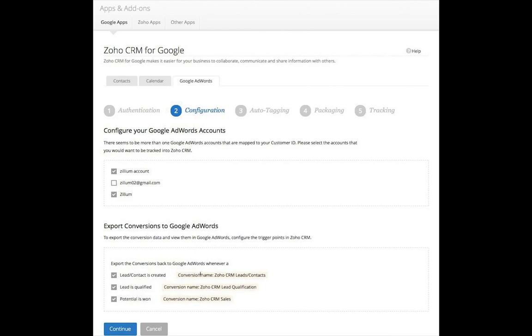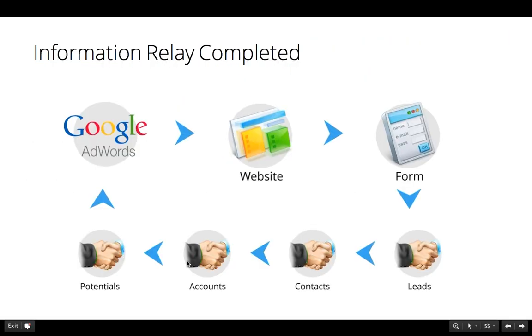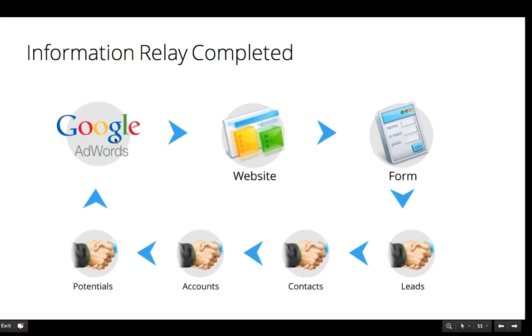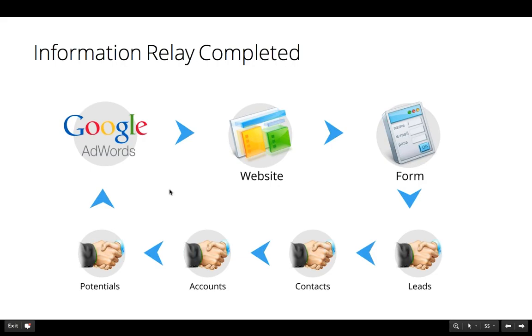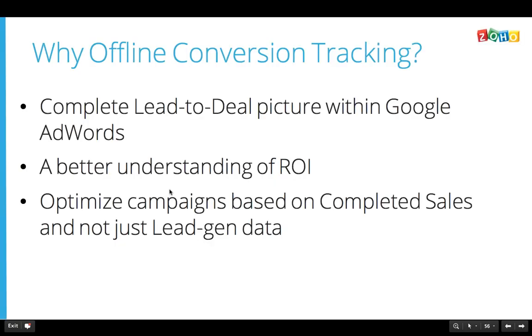So here, we have mapped the terms Zoho CRM leads or contacts, Zoho CRM lead qualification, and Zoho CRM sales. Now, these are the fields or information which is being sent back to Google at this stage in order to make the cycle complete. All right. So this is called the offline conversion tracking.